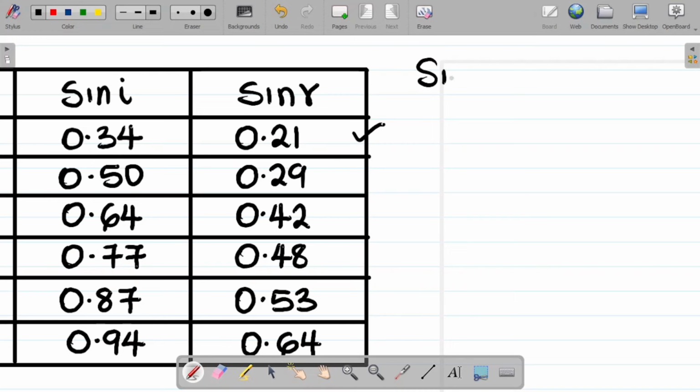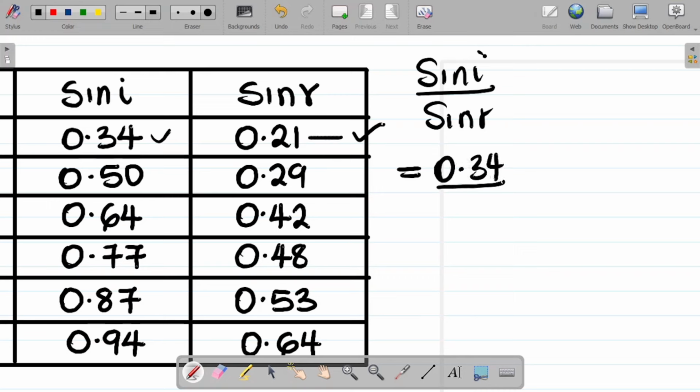So if I take sine i over sine r for the first one, this first row here, sine i all over sine r would be equal to, sine i here is 0.34, so 0.34 all over sine r for this first row, which is 0.21. If I punch it, 0.34 divided by 0.21, I'll have this as 1.62 approximately.